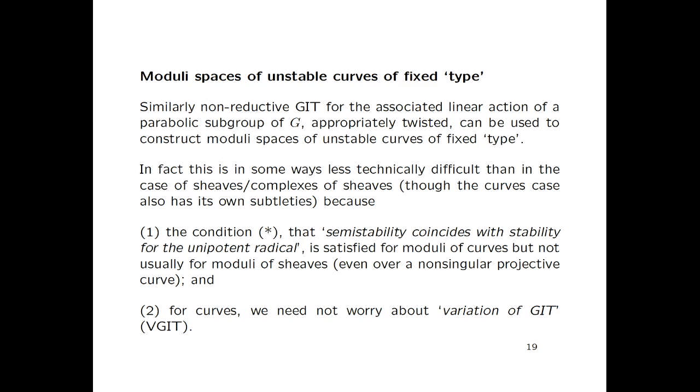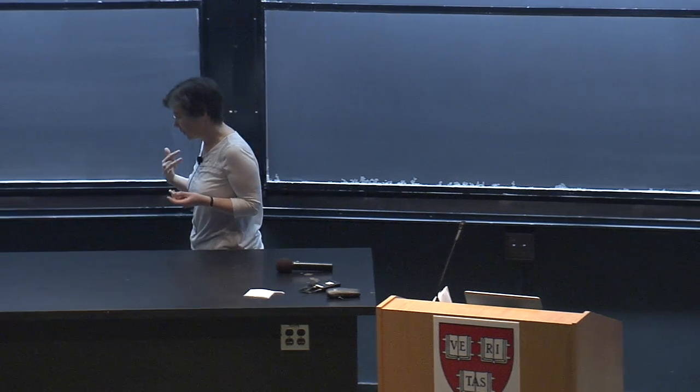So for curves and for sheaves, but if you're interested in complexes of sheaves and possible links with derived categories and so on, then the variation does come in. So maybe I will just say a little bit now about classical variation of GIT.